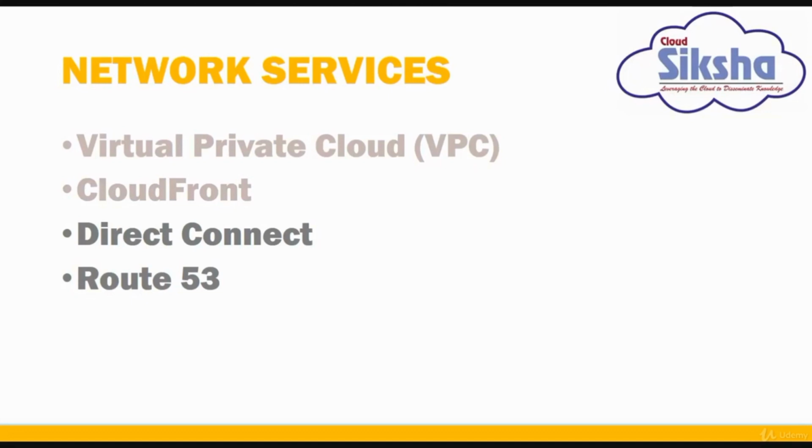One thing which many people are worried about when they use cloud is the data transfer speeds and the security between your enterprise to the cloud. In order to address this, Amazon has Direct Connect. Direct Connect makes it very easy to establish a dedicated network connection from your premises to AWS.